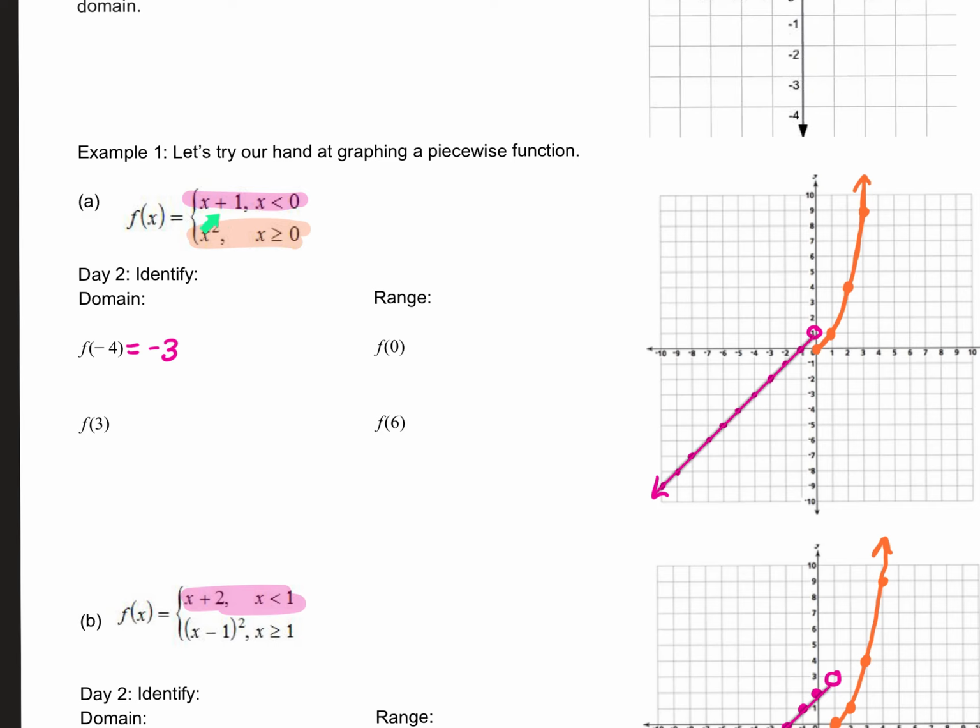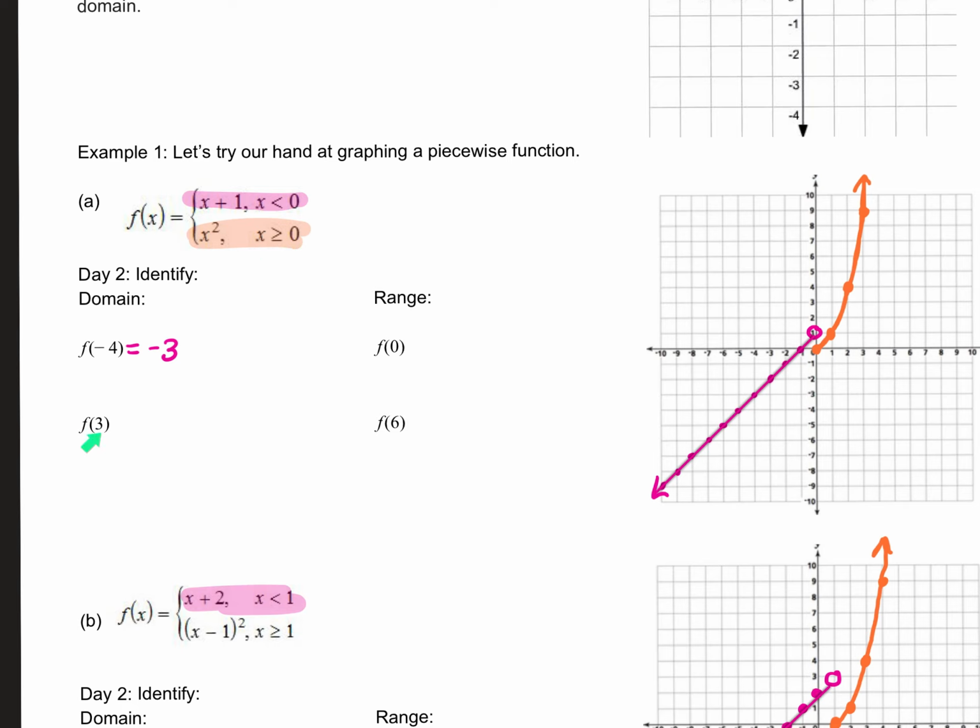We would graph this function, and our output would be figured out by using this function. This would have all my inputs greater than or equal to 0, and then we could use x squared to calculate our output. So if I were just using the function, I have to first decide, where does my input fall? Is it going to be on this pink function or on this orange function?